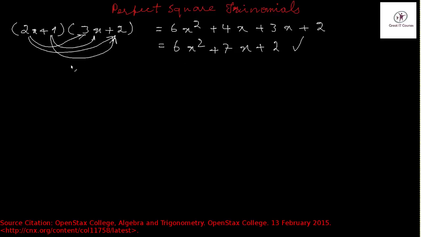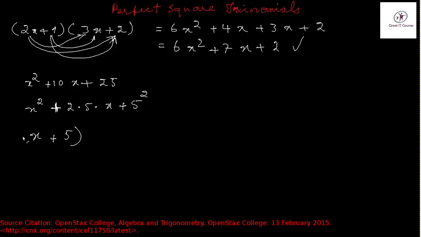For example, if you have x squared plus 10x plus 25, you can write this as x squared plus 2 into 5 into x plus 5 squared. And if you write this way, you can write it as x plus 5 whole squared.